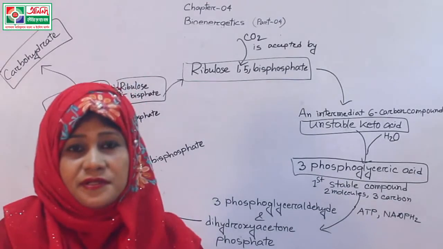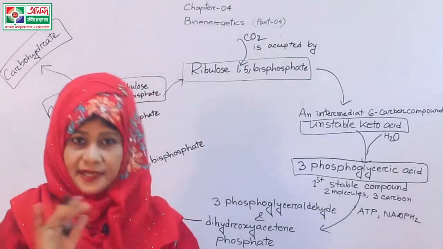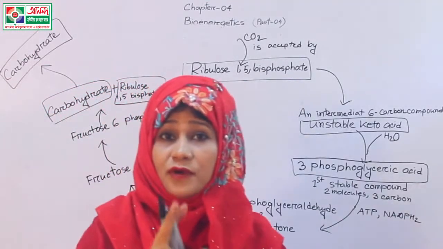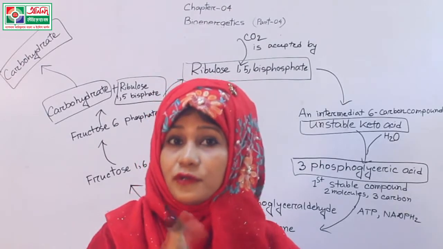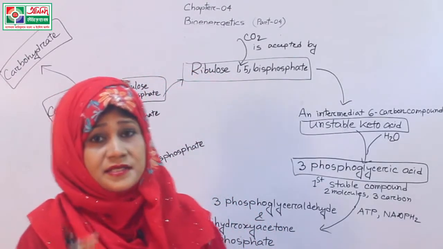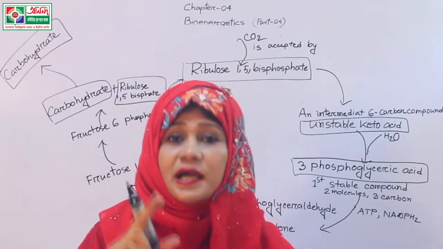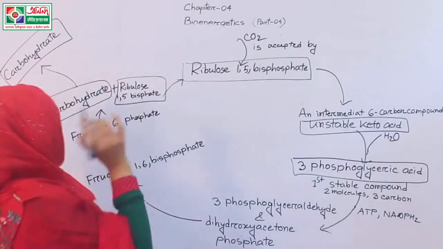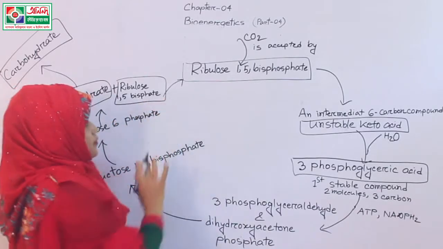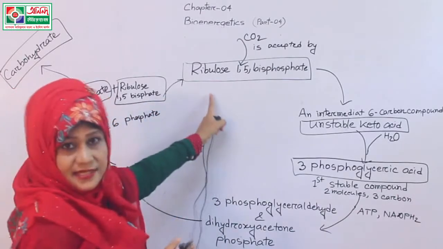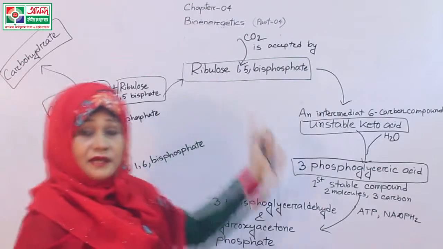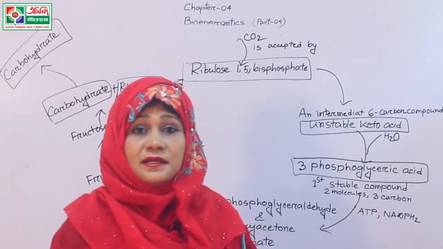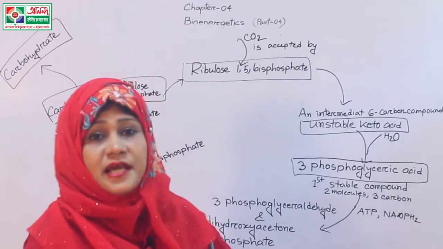And you should remember another thing: for one molecule of glucose, 6 molecules of carbon dioxide are needed. That's why ribulose 1,5-bisphosphate enters this cycle, and the Calvin cycle circulates 6 times.